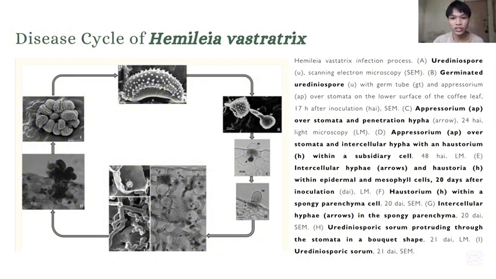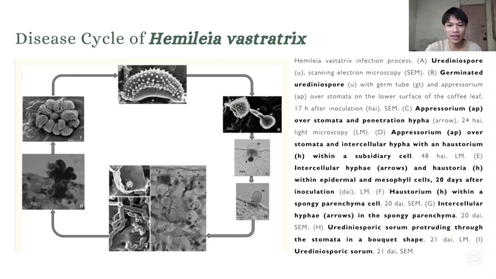The urediniospore germinates within about 17 hours after inoculation. It will produce a germ tube which extends across the leaf surface to locate the stomata, tiny openings of the leaf, and it will form a specialized structure called an appressorium. This appressorium is essential for penetrating the leaf.